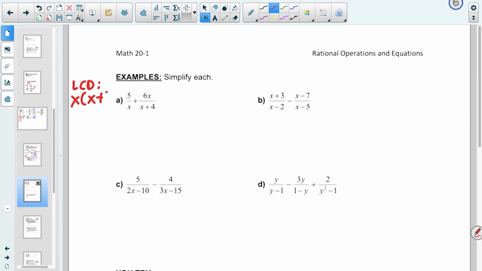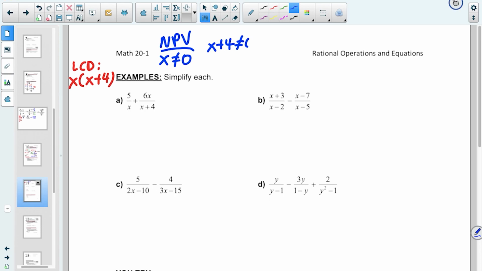So we're going to multiply those two together. And I'll move this up here so I have a bit more room. I'm also going to state my NPVs early on. So here you'll see from our first fraction, we'll have x cannot equal 0. And then from our second rational at the bottom, we have x plus 4 cannot equal 0. So x cannot equal -4.